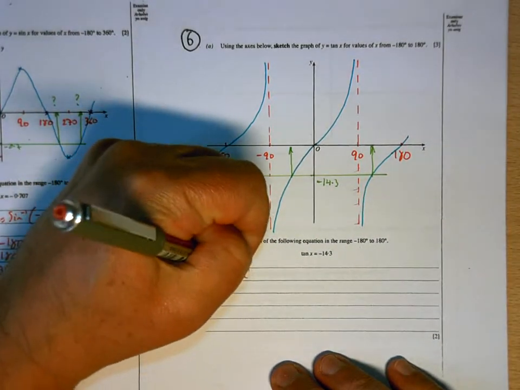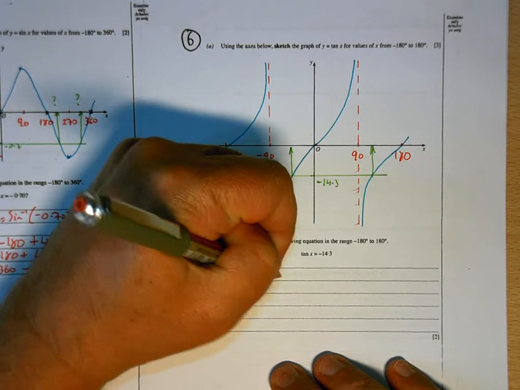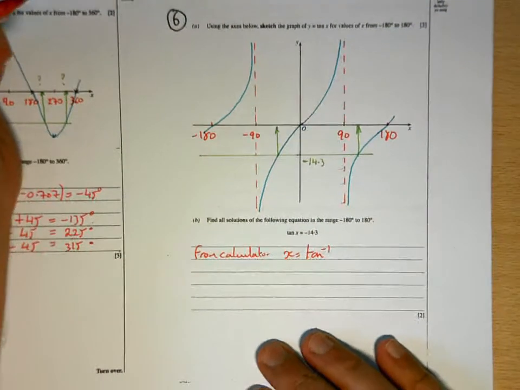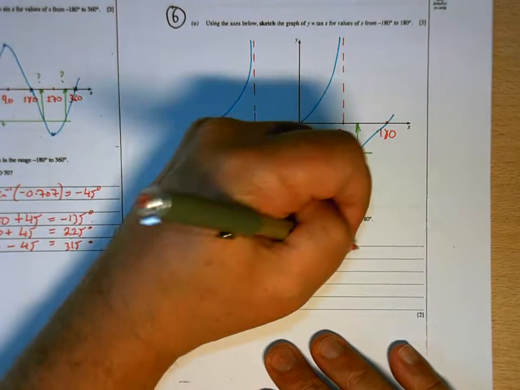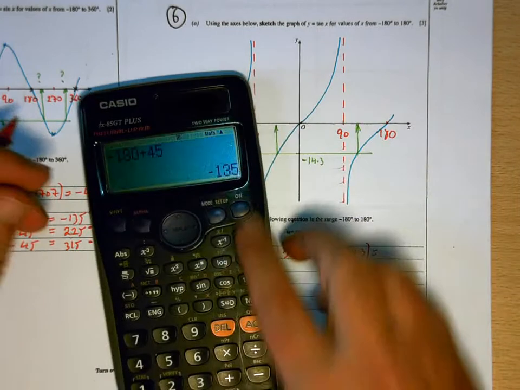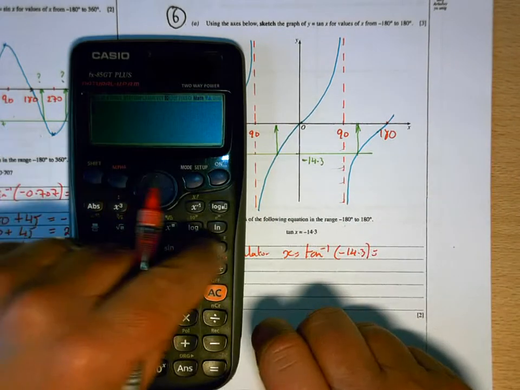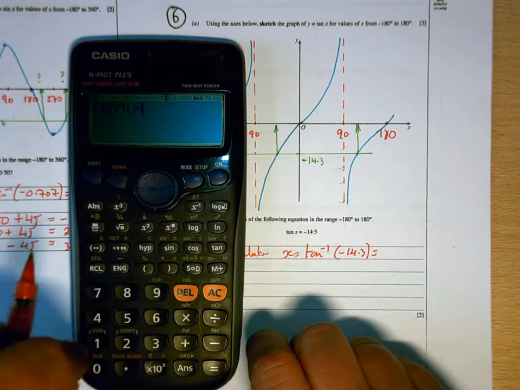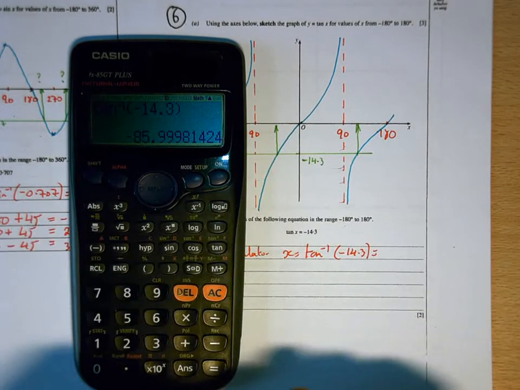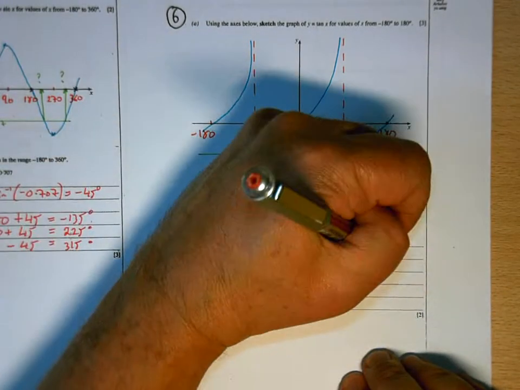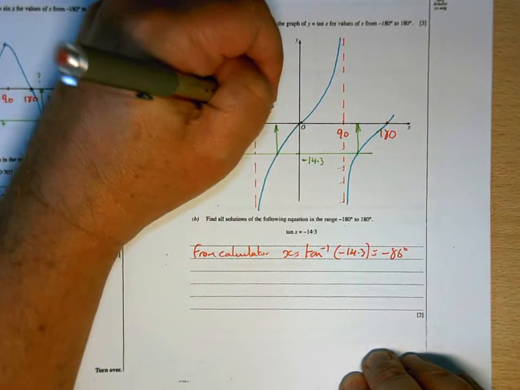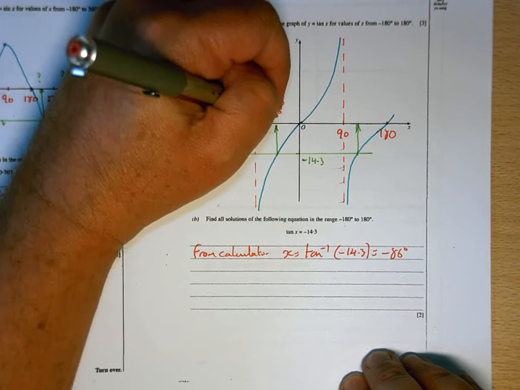So from calculator, x is inverse tan of minus 14.3, shift tan minus 14.3, minus 86 degrees. So that's telling us that one.